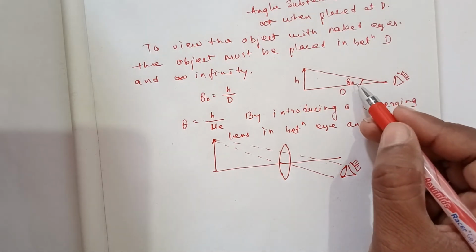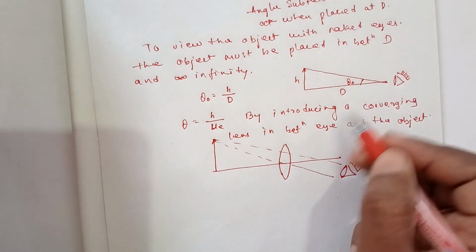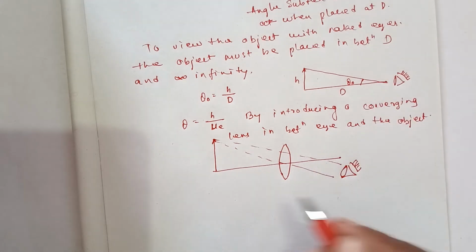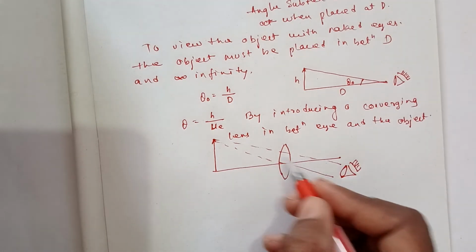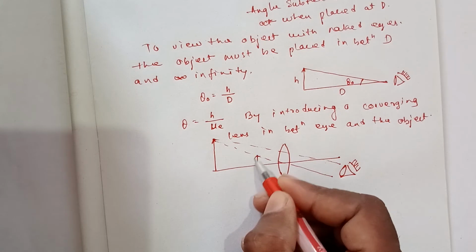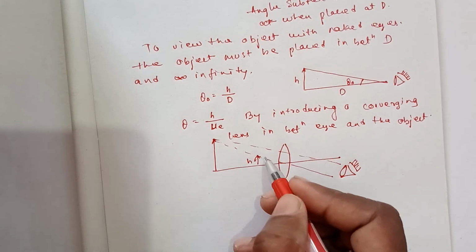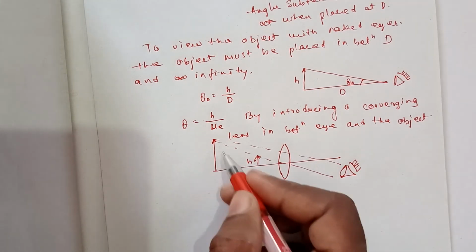So the visual angle is magnified from this to this. This is the previous height, and after magnification the height is like this.